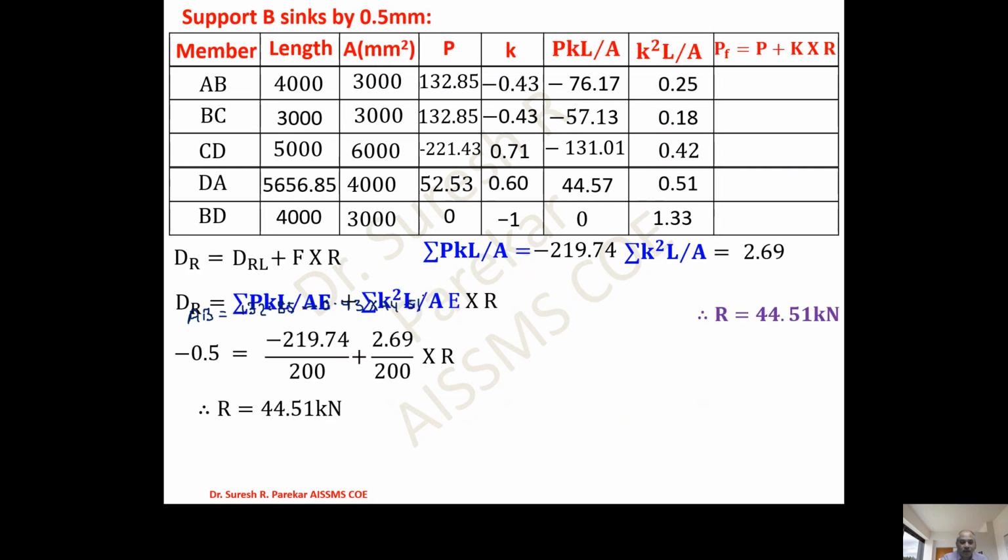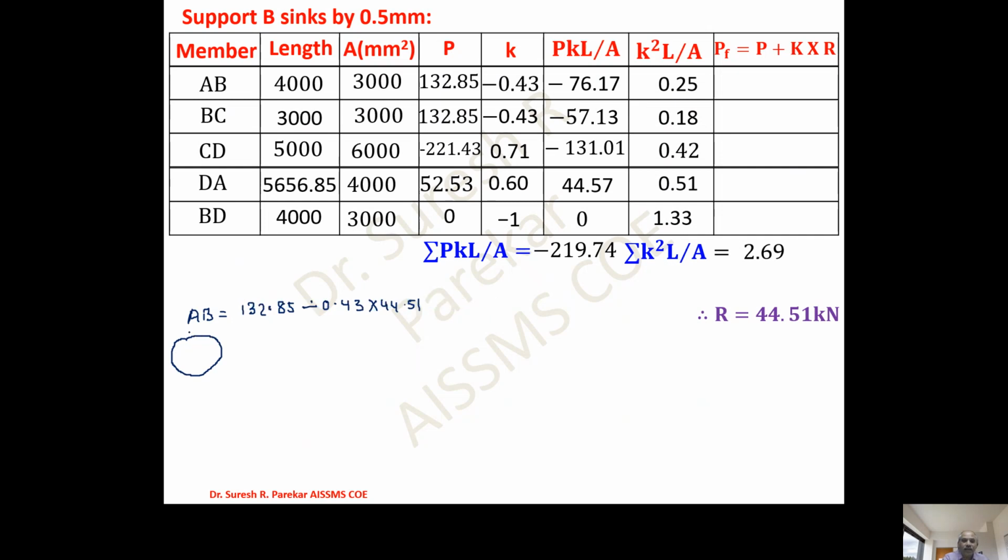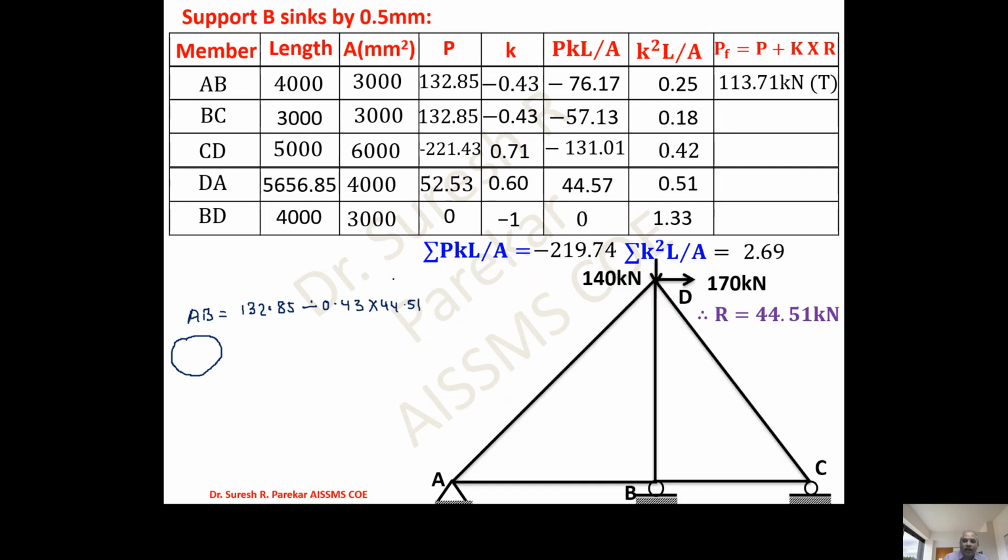Now here you have to keep in mind, actually your value of dr should be minus 0.5. That you have to keep in mind. Then we have AB as 132.85 minus 0.43 into 44.51, and we will get this value as 113.71, and as plus, so we have tensile.